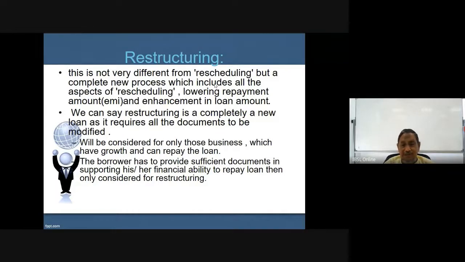We can say restructuring is completely a new loan, as it requires all the documents to be modified if needed. It will be considered only for those businesses which have growth and can repay the loan. Again, the market has to be viable. The borrower has to provide sufficient documents supporting his financial ability to repay the loan, then only is it considered for restructuring.